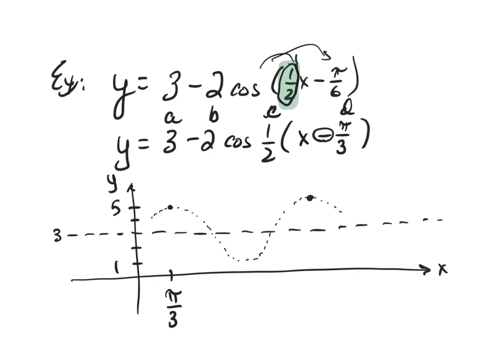But this one is getting turned upside down. And I need you to notice right here, we know it's upside down because the amplitude is negative. So negative amplitude means upside down. So what does upside down mean here? Well, instead of starting at a high, that tells us that we're going to start at a low.